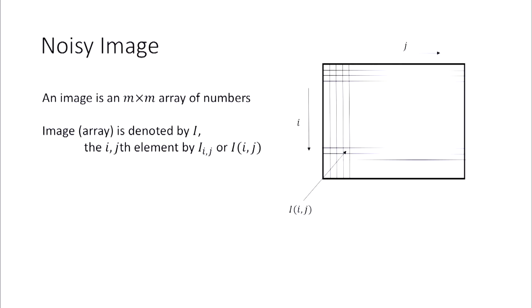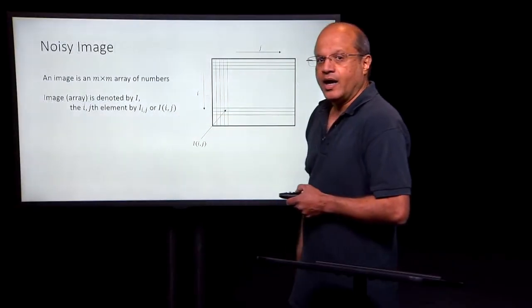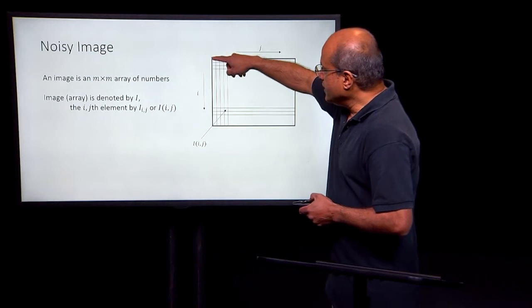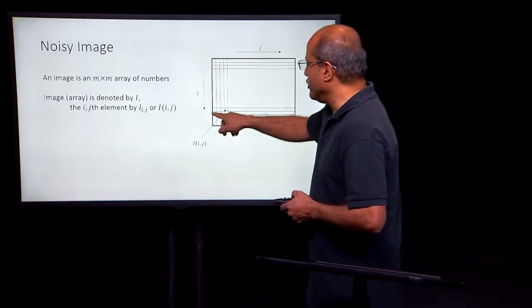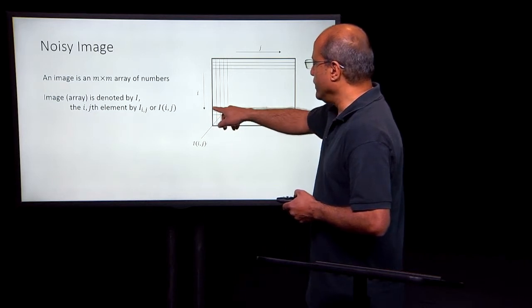If we want to denote that number, we either use the subscript i, j or write I bracket i, j. i is the row index and j is the column index, so I_ij refers to the jth column in the ith row.